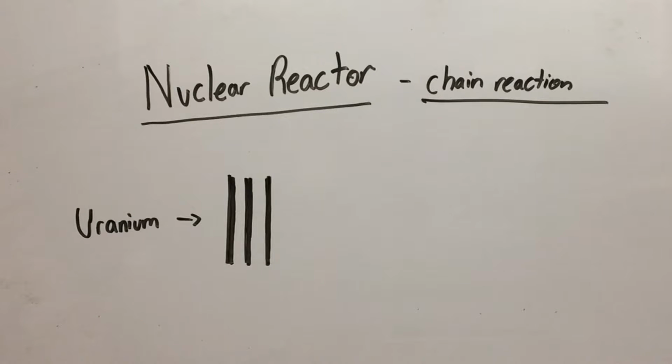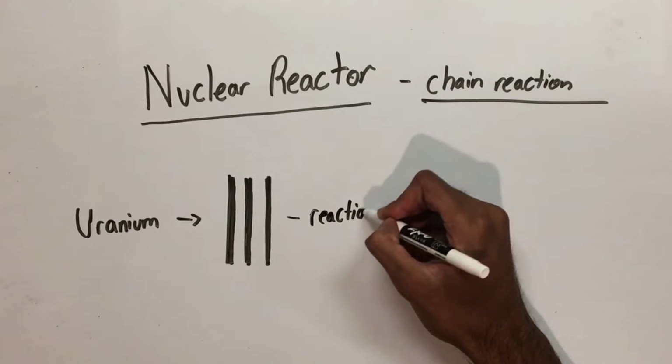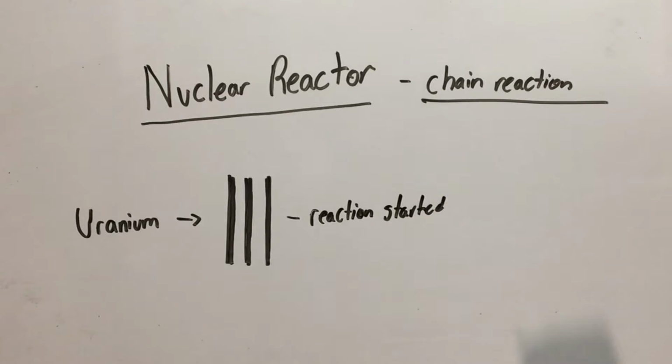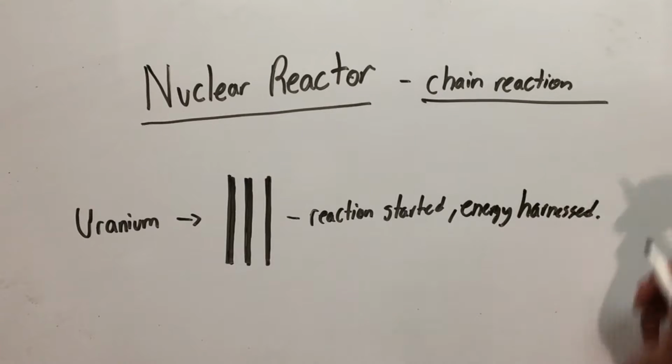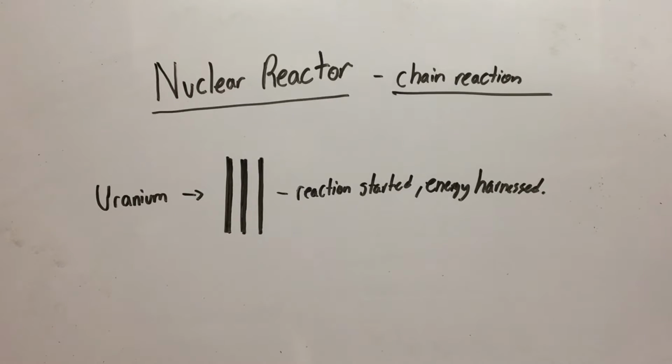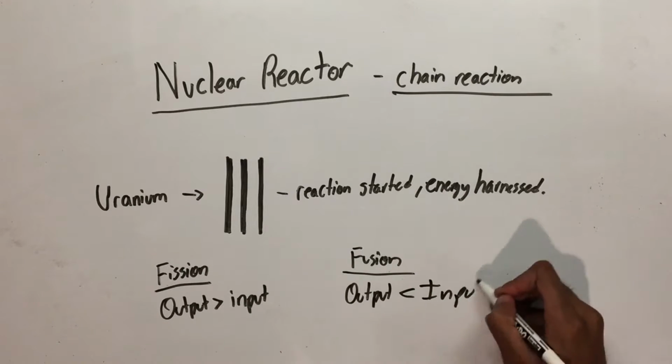This continues until the reactor is shut off. Nuclear reactors are also very efficient. The fuel rods only use about 3% of the uranium present before being replaced, with all of the unused uranium being recycled. The power output also greatly exceeds the power input, unlike in nuclear fusion.